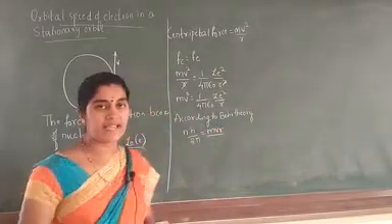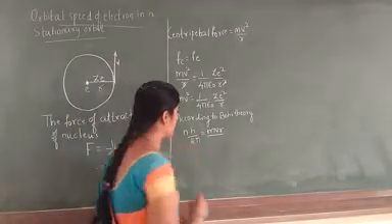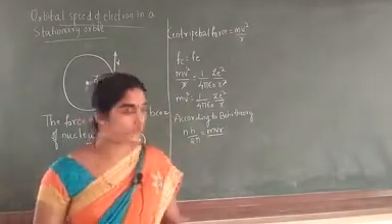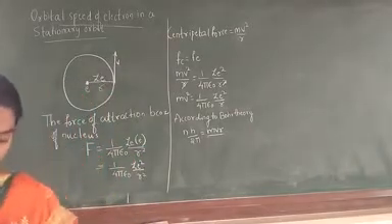Here we are applying the angular momentum condition of the Bohr theory. So we have nh by 2 pi is equal to mvr.